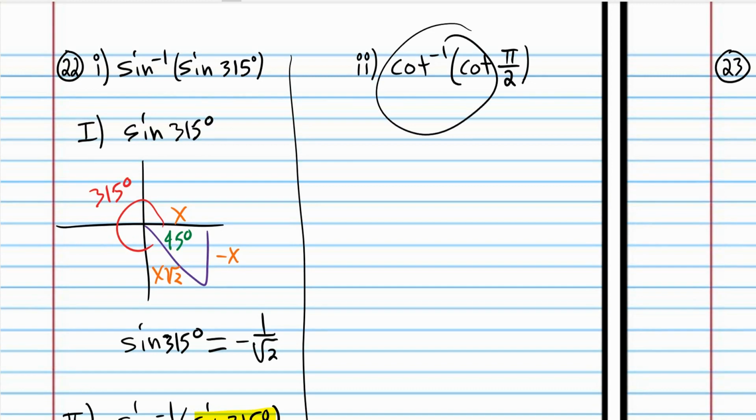Now, again, we have functions that are inverses of each other, so the question is the answer going to be pi over 2? To know what it's going to be, we ask ourselves, is pi over 2 within the range restrictions of the cotangent inverse function? And it turns out that it actually is.